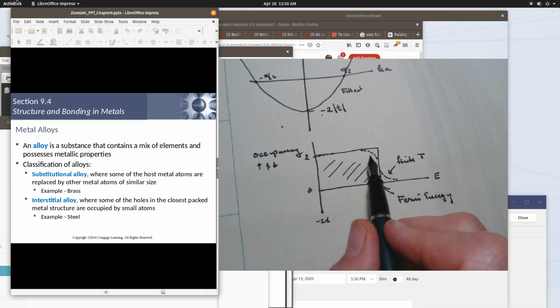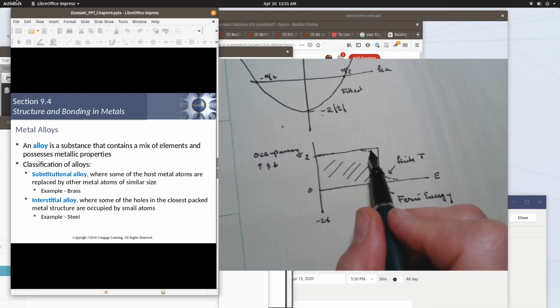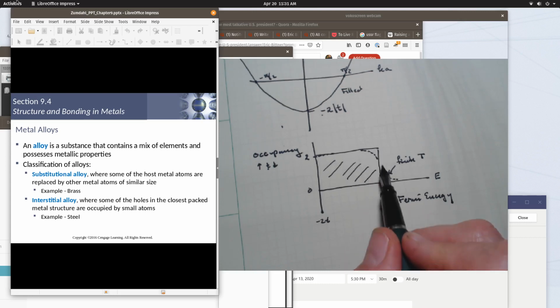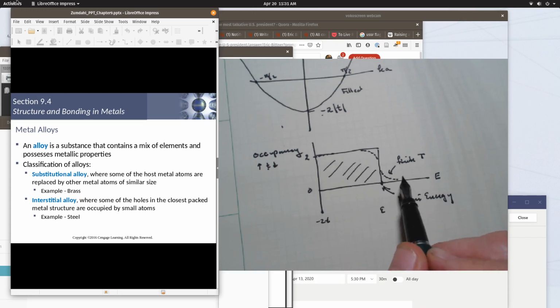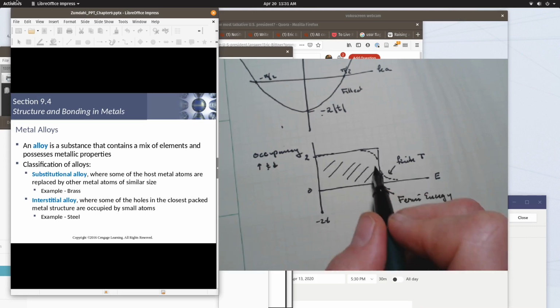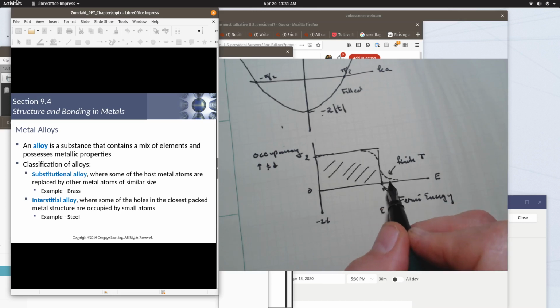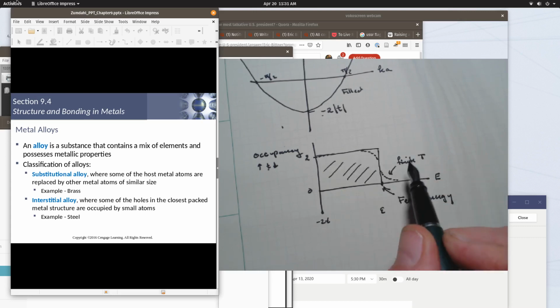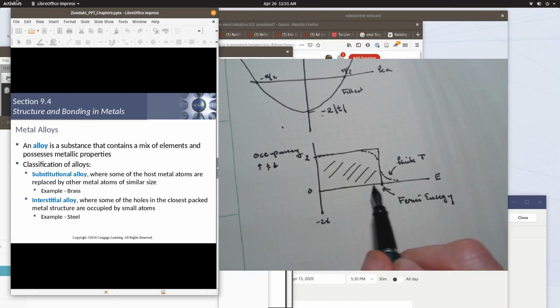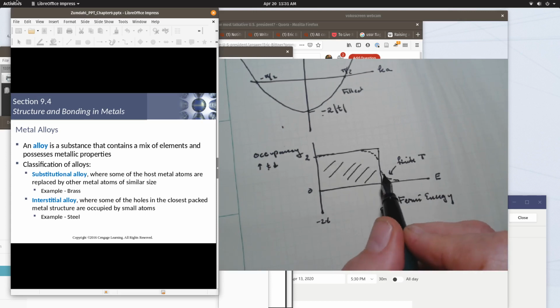But at finite temperature, I get a depletion of these, and I start occupying others. This is one of the reasons why I get high conductivity of metals: even at finite temperature, I have freely moving electrons in these unoccupied orbitals that are free to move around the system almost unhindered. And that's how I start getting the metallic behavior.